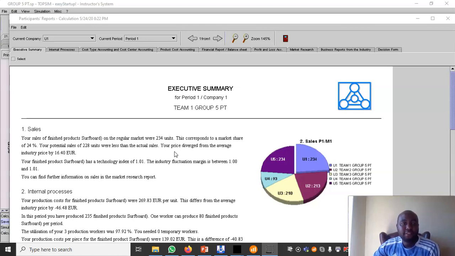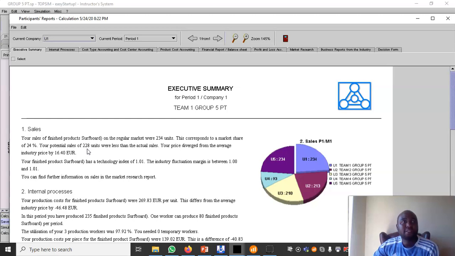The first piece of information that you need from the report is your potential sales. This figure here. The potential sales is actually your demand for the previous period. Some of you sold more than your demand because some other company underproduced and they sent customers to you.